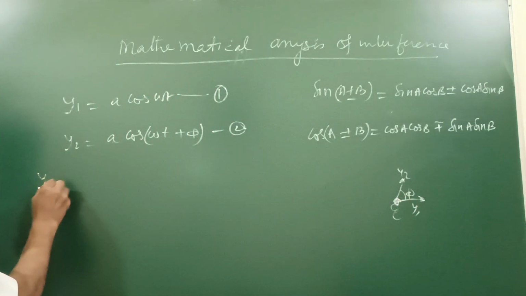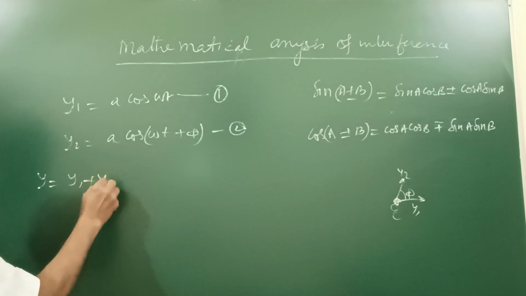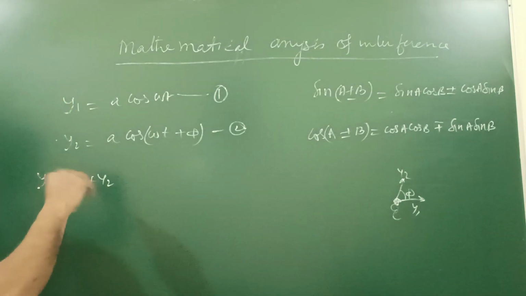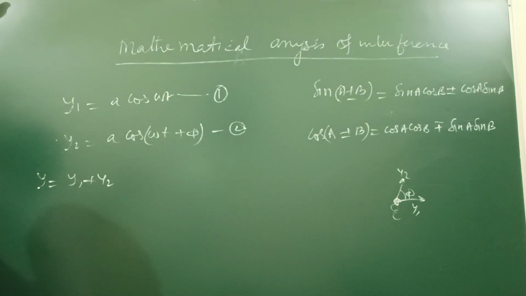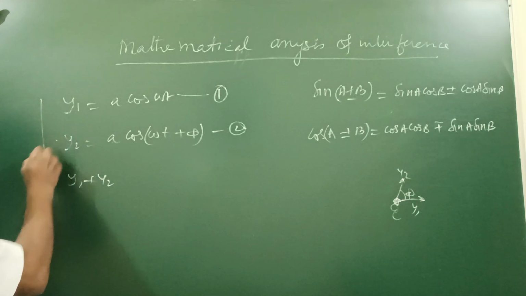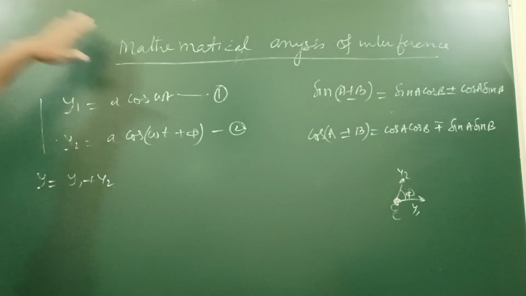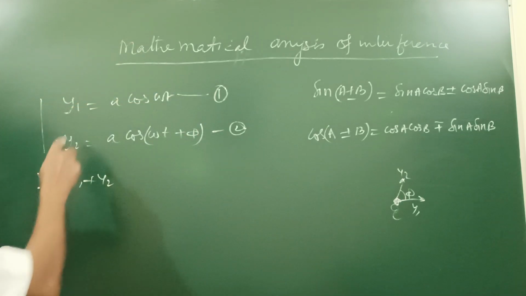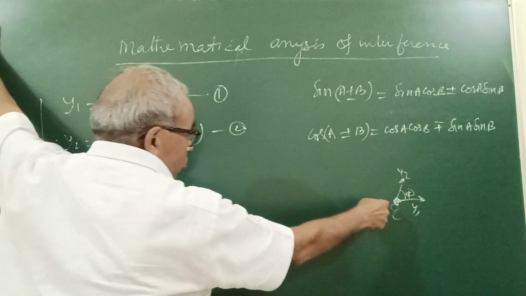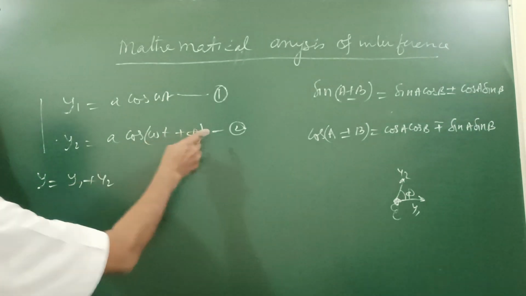So y is equal to y1 plus y2. For these two waves, you can take reference from the last video. I am simply telling interference of light mathematically. So these two waves superimpose at one point. So the resultant field is this.